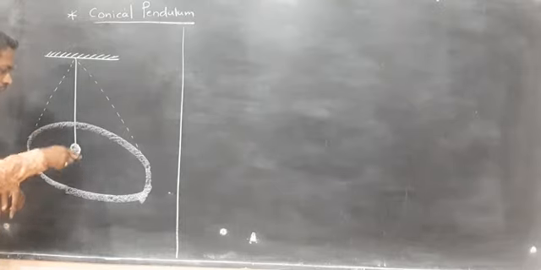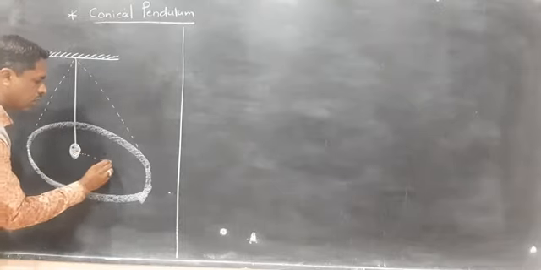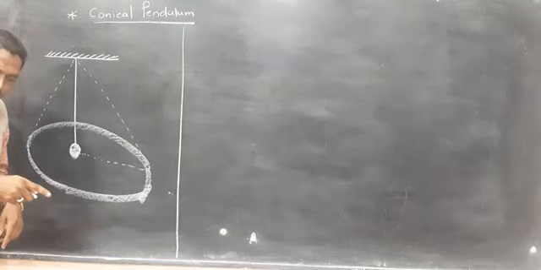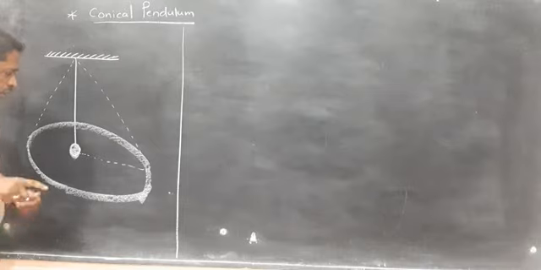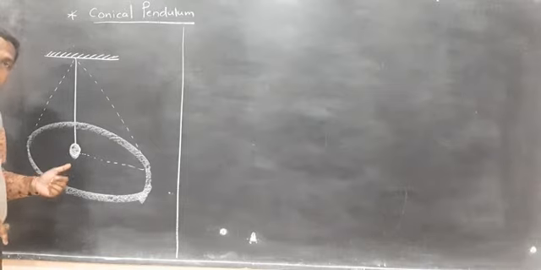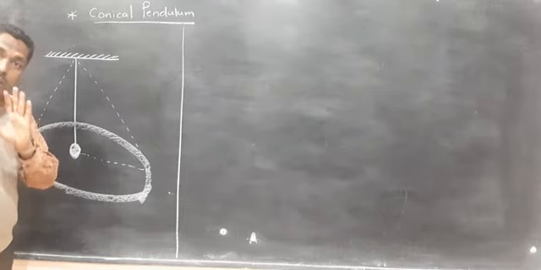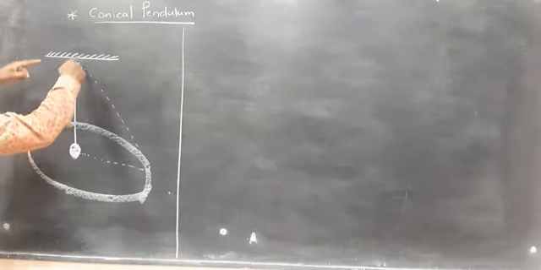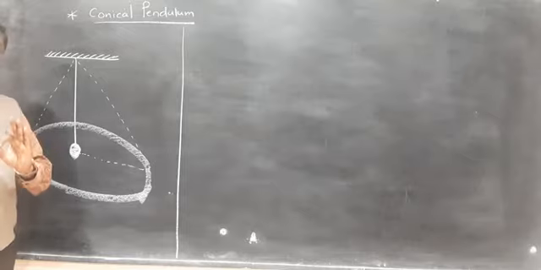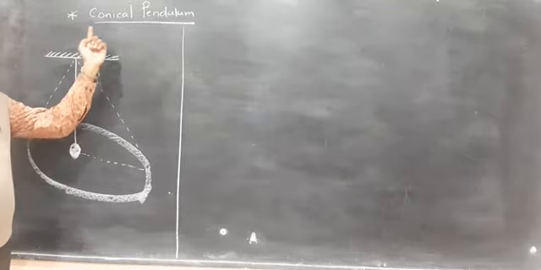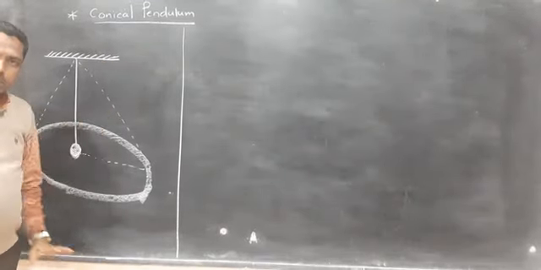Whenever the pendulum revolves in a horizontal form, the pendulum describes horizontal circular motion, whereas the string describes a cone-like structure called a conical pendulum.